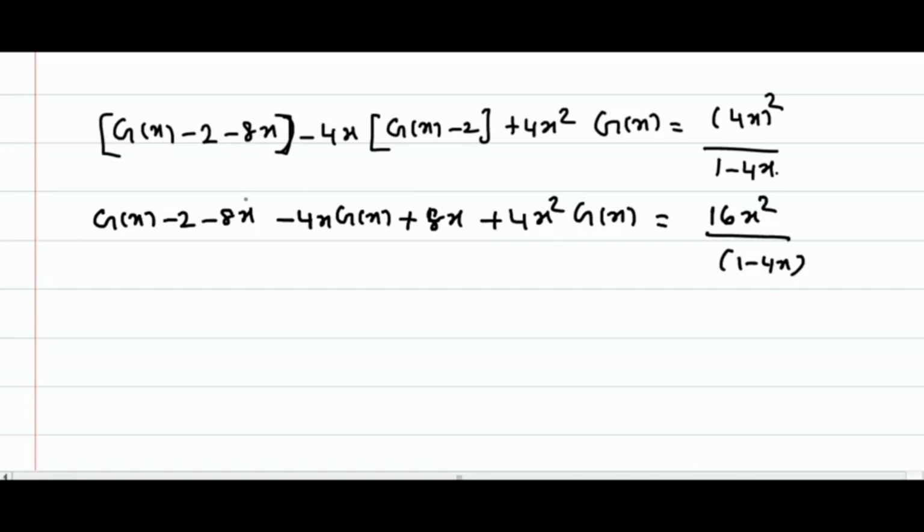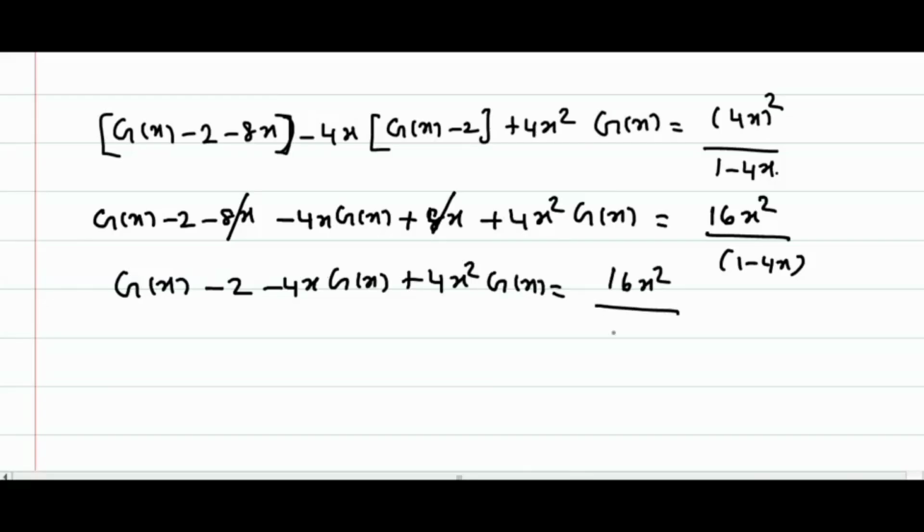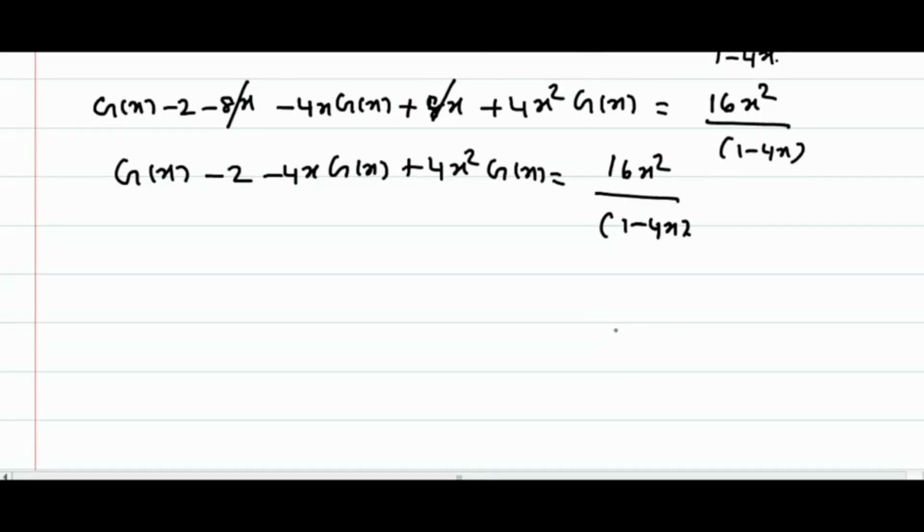So here minus 8x plus 8x are getting cancelled. We get only g of x minus 2 minus 4x into g of x plus 4x square into g of x equal to 16x square by 1 minus 4x. Okay, so what is our target? We need to find g of x.